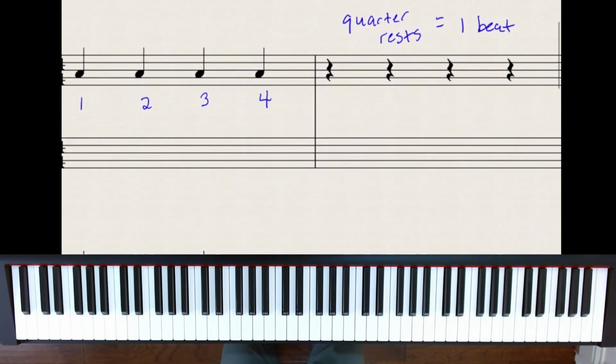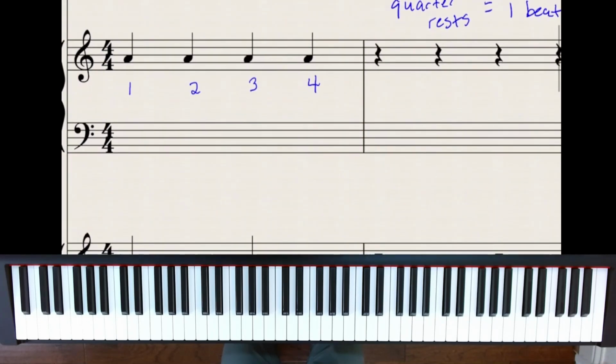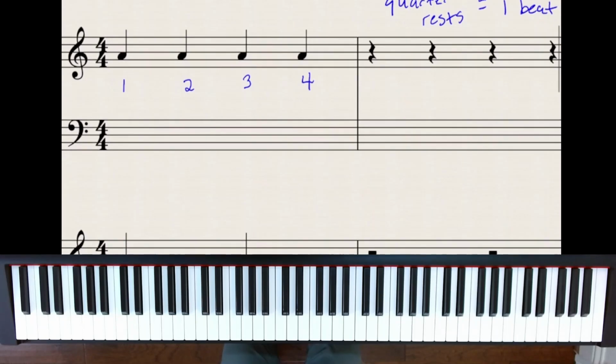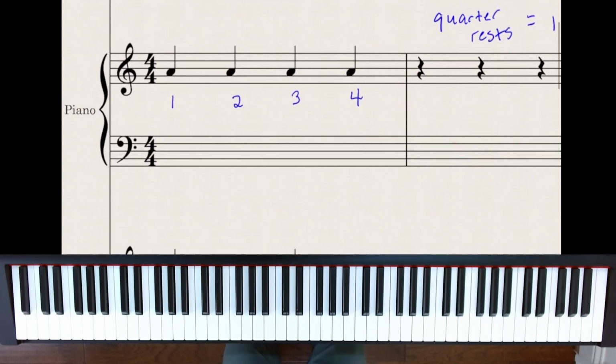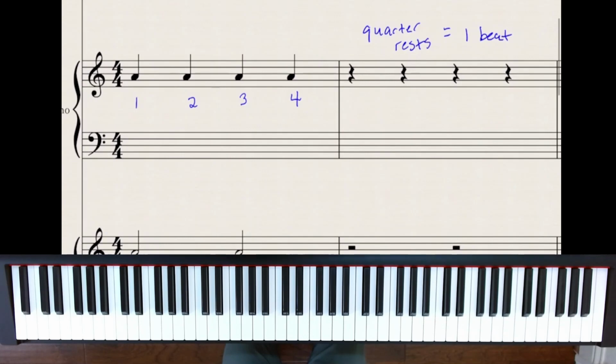Okay, and it'd be the same if these were written down in the left hand, in the bass clef. That would tell you that your left hand would be resting per count or per rest that you see there. Okay, so I'm going to go ahead and demonstrate this so you can hear it.